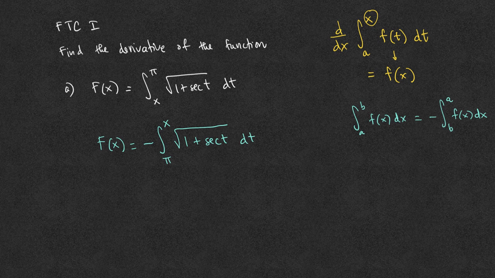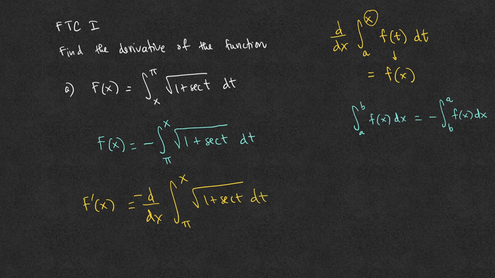The derivative of F of x is therefore F prime of x, or using Leibniz notation, d dx, but F of x is the negative, so we put the negative in front of this derivative. From pi to x, the square root of 1 plus secant of t dt.